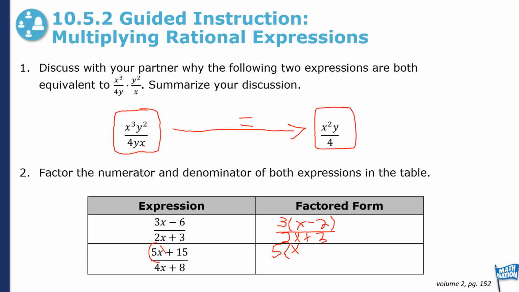And then plus, keep the sign that we have, 15 divided by 5, which is 3. And that would be over, we have 4x plus 8. Greatest common factor between 4 and 8 would be, that's right, 4. So we factor out a 4, and we will have x plus 2. Very good.